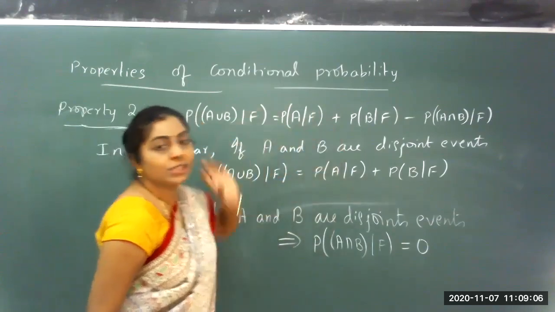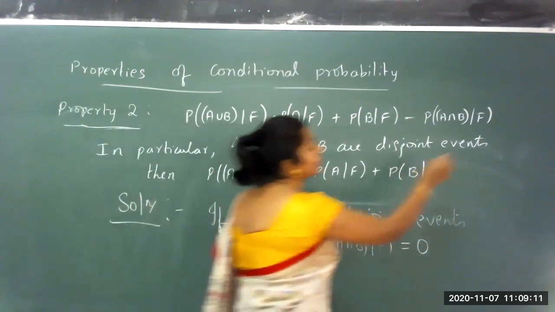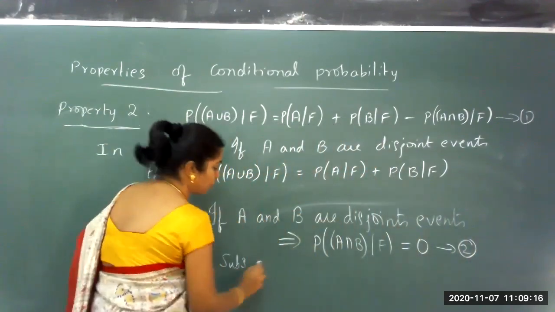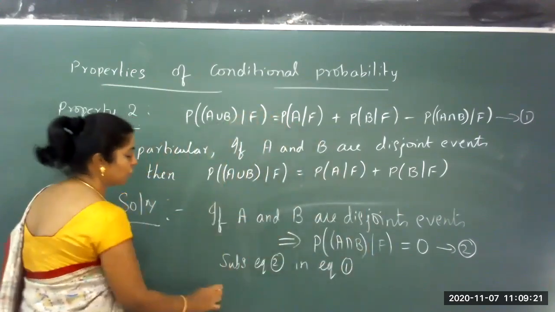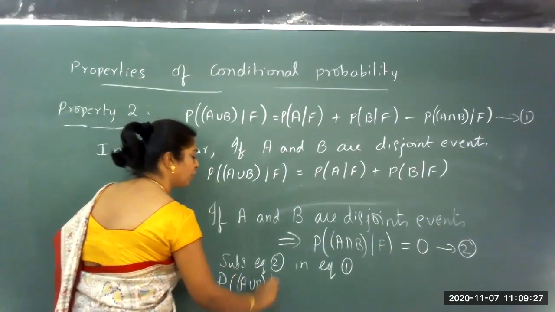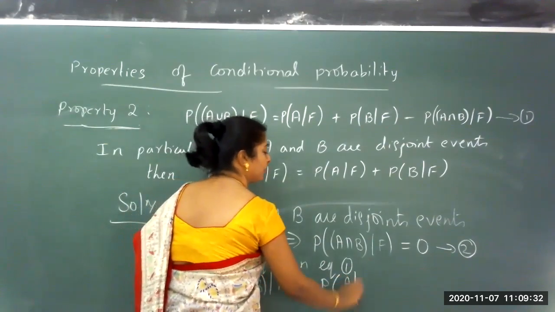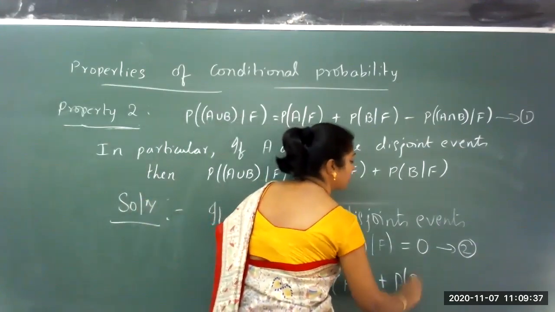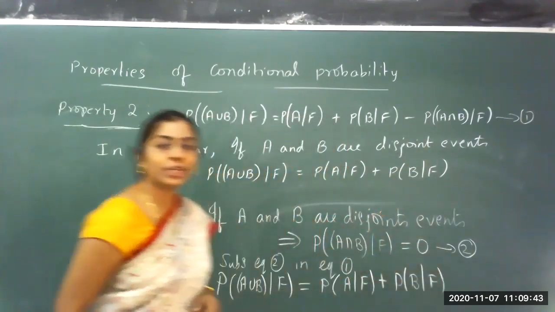If I substitute this in the equation, I take the earlier one as equation 1 and this as equation 2. If I substitute equation 2, that is the condition, in equation 1, I get back the conditional probability of A union B when event F has occurred, which is given by the conditional probability of event A when F has occurred plus the conditional probability of event B when F has occurred, minus 0.